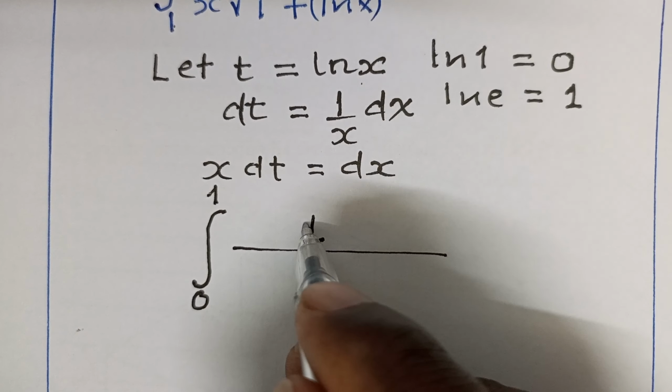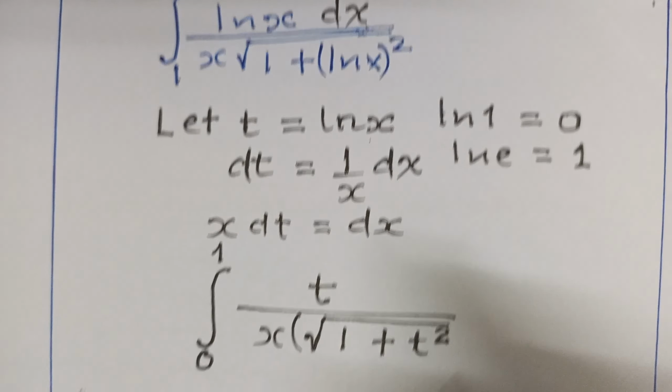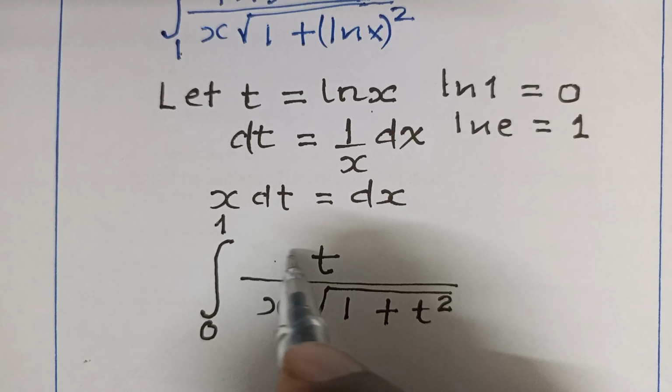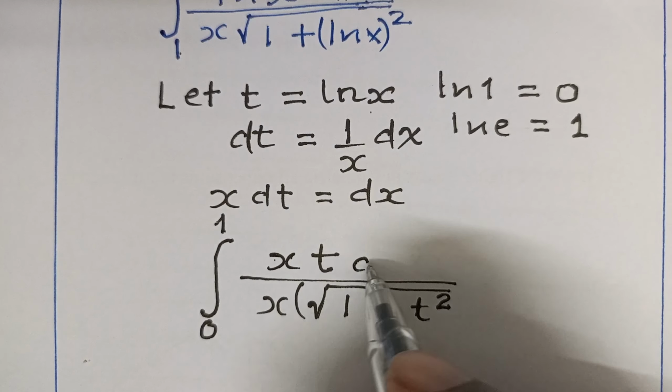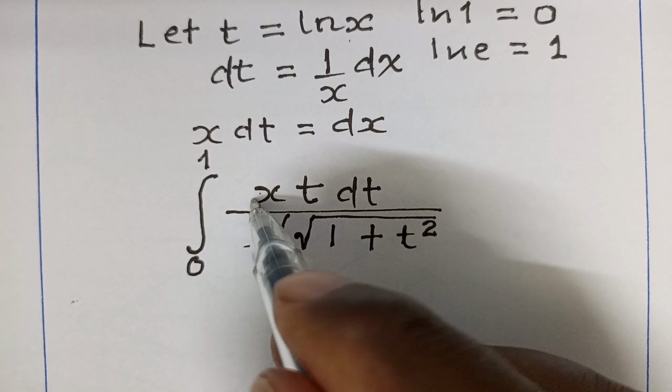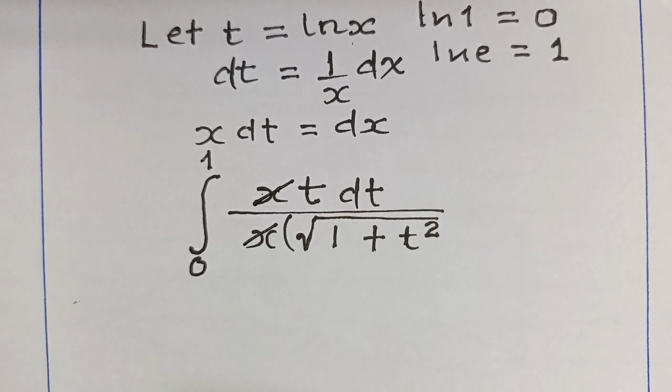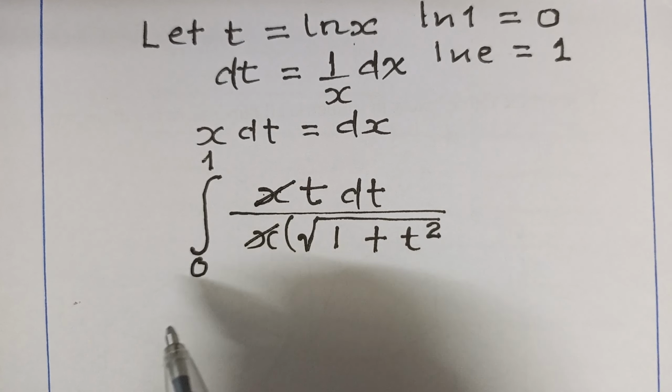And now come and put my dt. That is, I replace dx with x dt. So we shall have x here, then I put dt. And so therefore, guys, we can now cancel the x. And we're now going to be left with that equation.